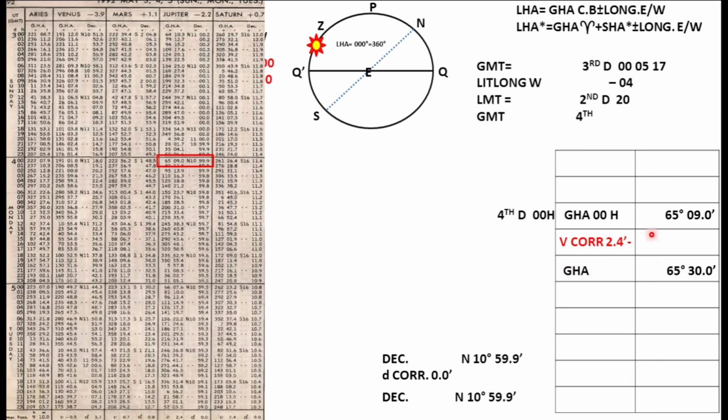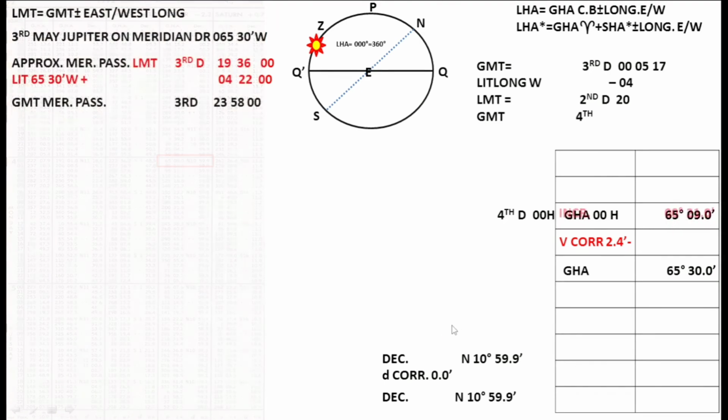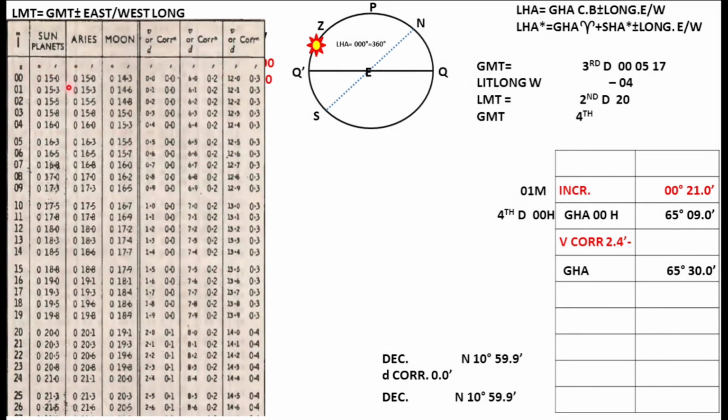Now this GHA, the difference between this and this, whatever the increment is, has got the V correction for this added up. So I go into the increment tables to look around where this increment is, and that is 1 minute. You can see 21 is here. So this increment is for 1 minute. I get the V correction 2.4, which is 0.1.